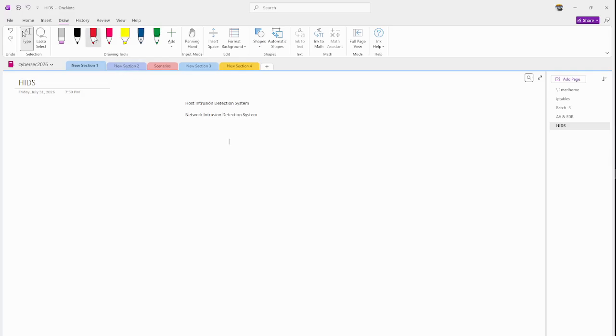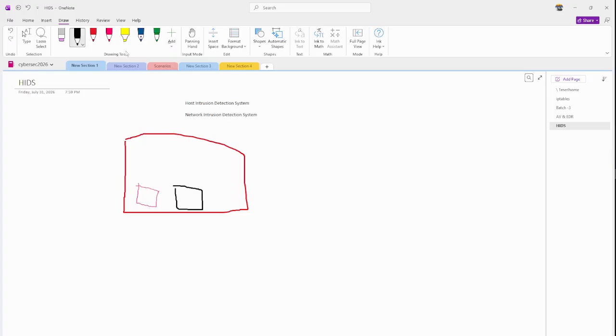So why do we need a host intrusion system here? Let's say this is your laptop, this is your antivirus, and this is your EDR. Now you are having one more player here, this is your HIDS.